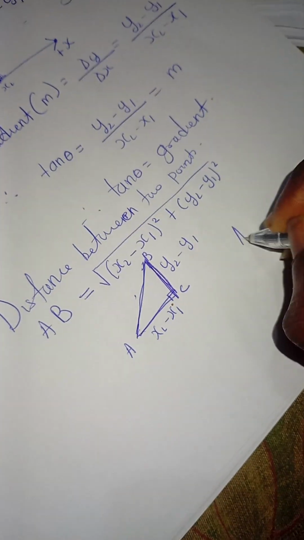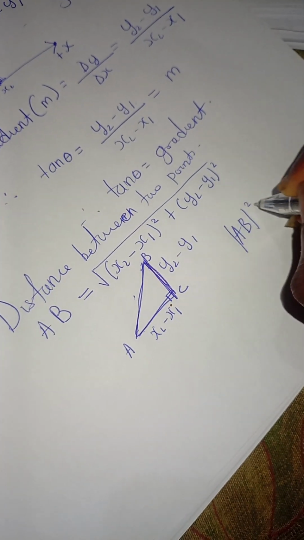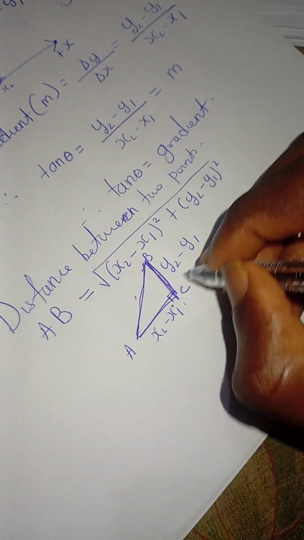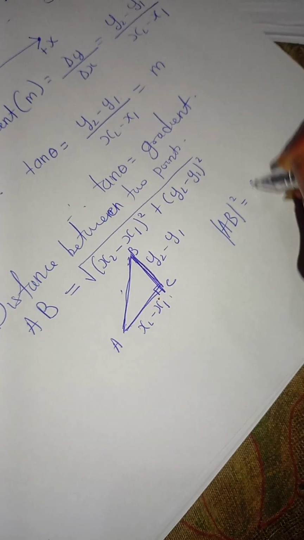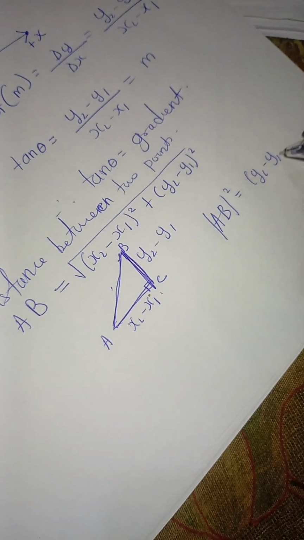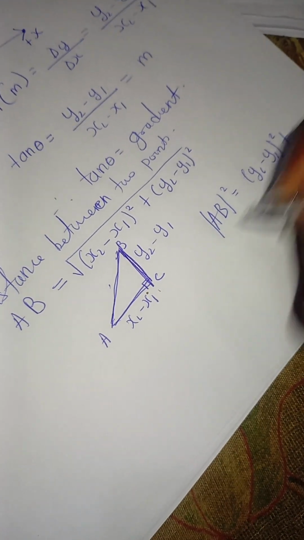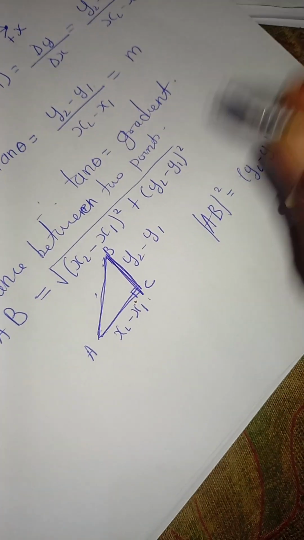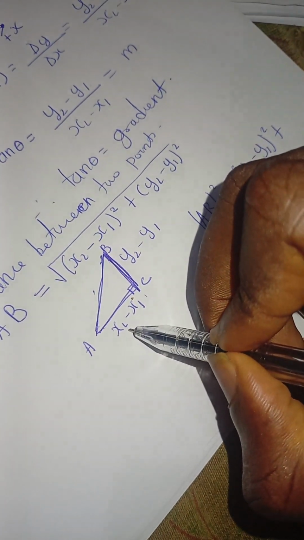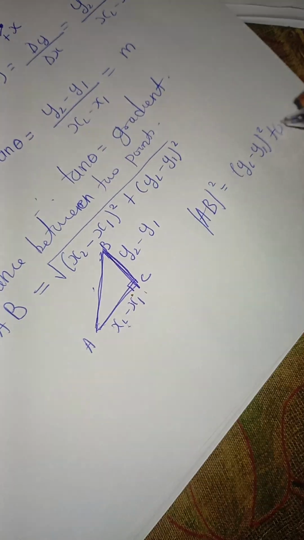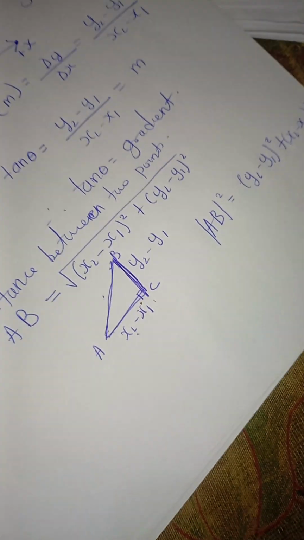So AB square is equal to (y2 minus y1) all squared plus (x2 minus x1) all squared.